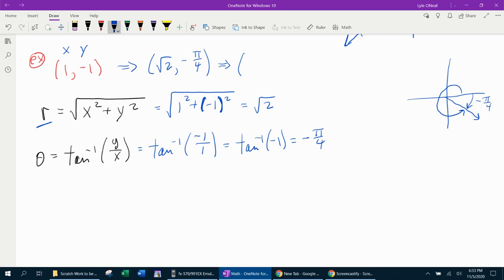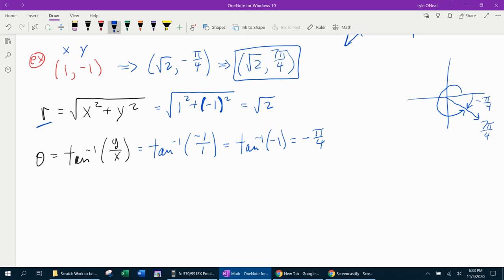That would be 7 pi over 4 is the positive equivalent to negative pi over 4. So another correct answer could be square root of 2, 7 pi over 4.